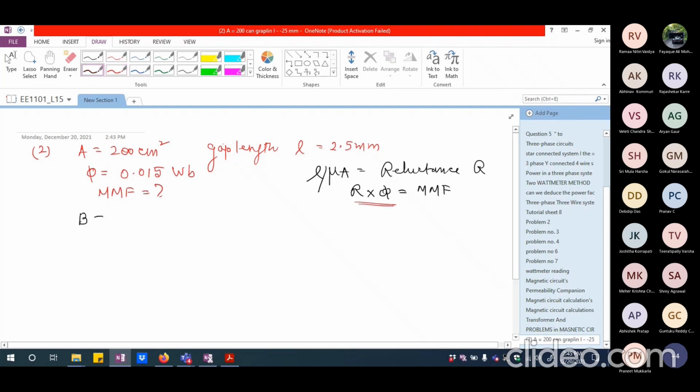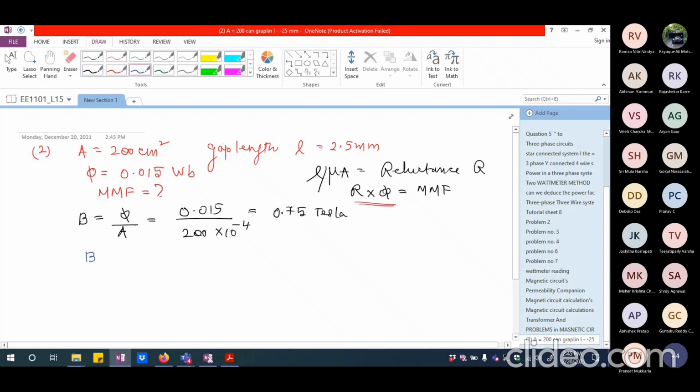Or you can calculate B, which is phi divided by A. That is going to be 0.015 divided by 200 multiplied by 10 power minus 4, our area of cross section in meters, and this comes out to be 0.75 Tesla. This is the flux density that we are getting.